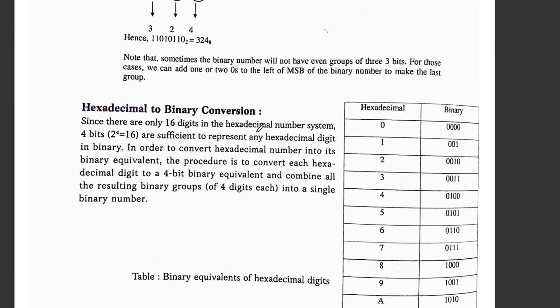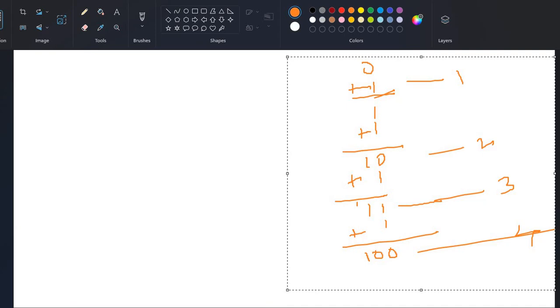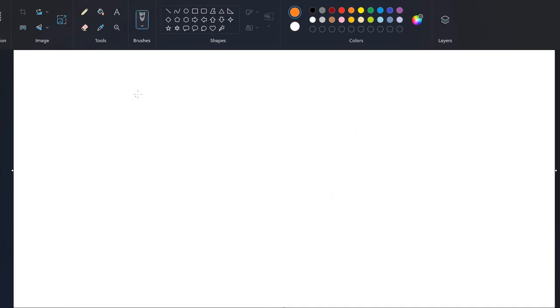Now hexadecimal number. Since there are 16 digits in hexadecimal number, in octal number how many digits were there? There were 8 digits, right? There were 8 digits in octal number. So 8 equals 2 to the power 3.